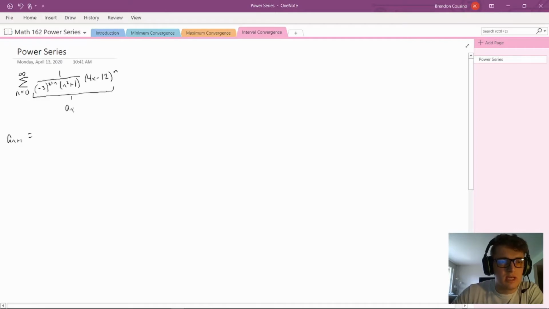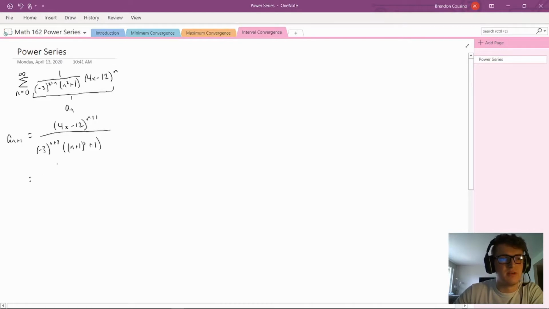Okay, so my a of n plus 1 term is going to be 4x minus 12 in the numerator to the n plus 1 divided by negative 3 to the 2 plus n plus 1. So I'm just going to rewrite that as n plus 3. And then in here we'll get a n plus 1 squared plus 1.